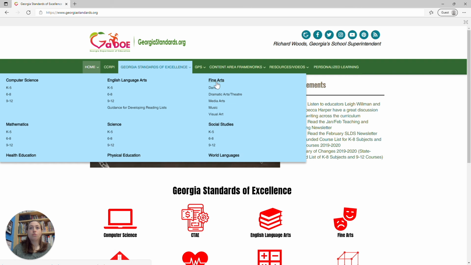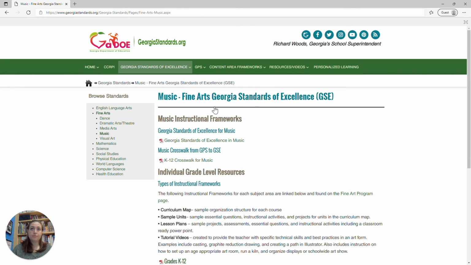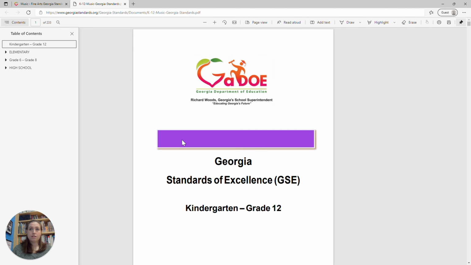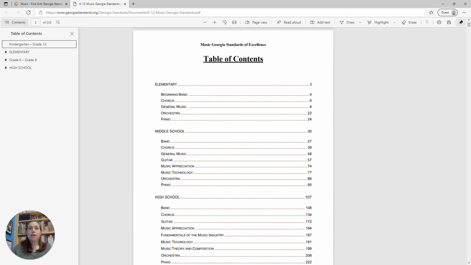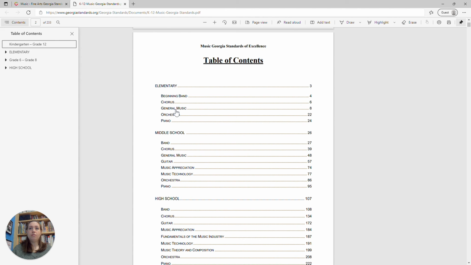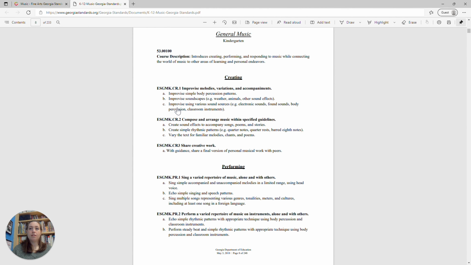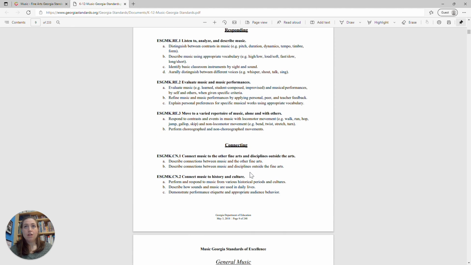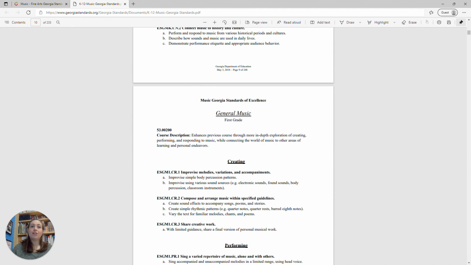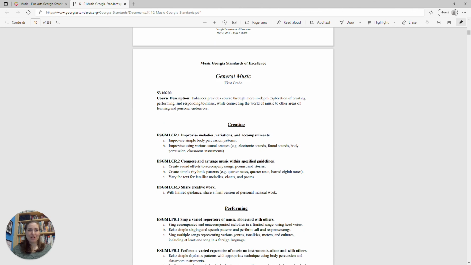So if you scroll over to Fine Arts and find music, then you can find the Georgia Standards of Excellence in Music. And if you scroll down to general music or click on that topic in the table of contents, here is where you have the kindergarten through 8th grade general music standards. So if you want to reference those and make sure that my drop downs are correct, that's where you find them.